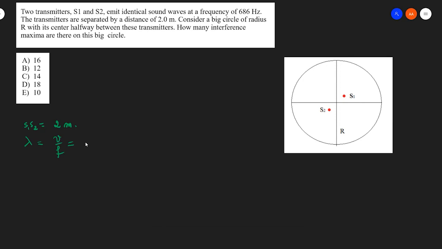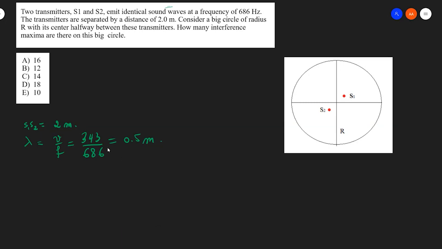Since it is not given, we know that it is a sound wave. Since we are working with sound waves, we need to use the velocity of sound in air. So 343, it is in your formula sheet. You use this number, and the frequency here, 686, and this will give you 0.5 m.